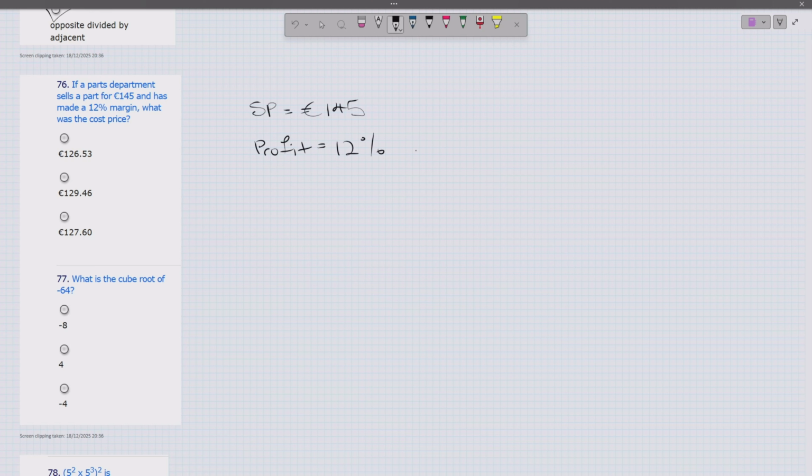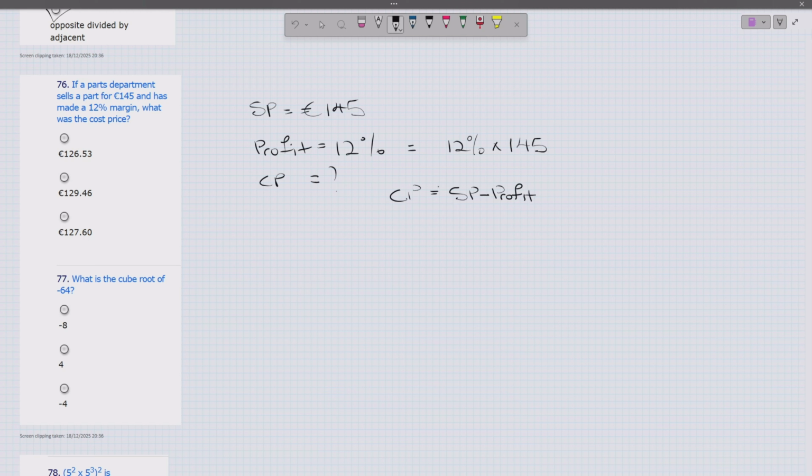That will be 12% of the selling price, so it will be 12% times 145. What will be the cost price? We know cost price equals selling price minus the profit.